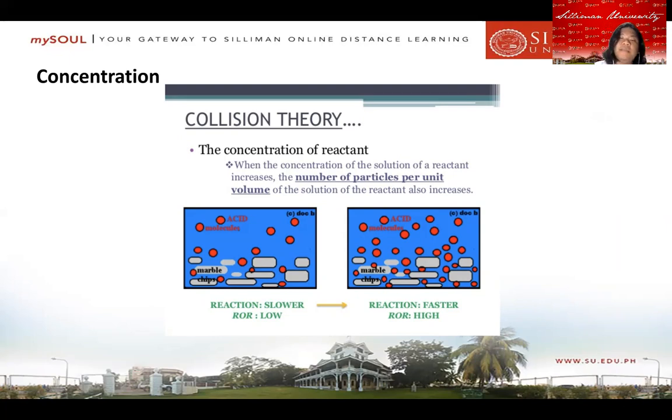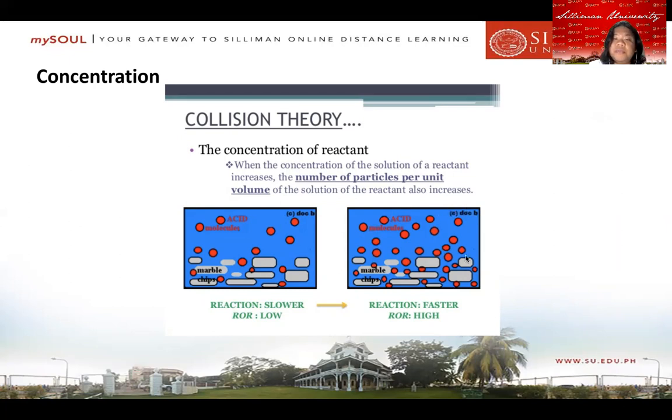So, as in the diagram, if you compare a low concentration of acid versus a high concentration of acid, then the reaction of the acid and the marble will be faster.